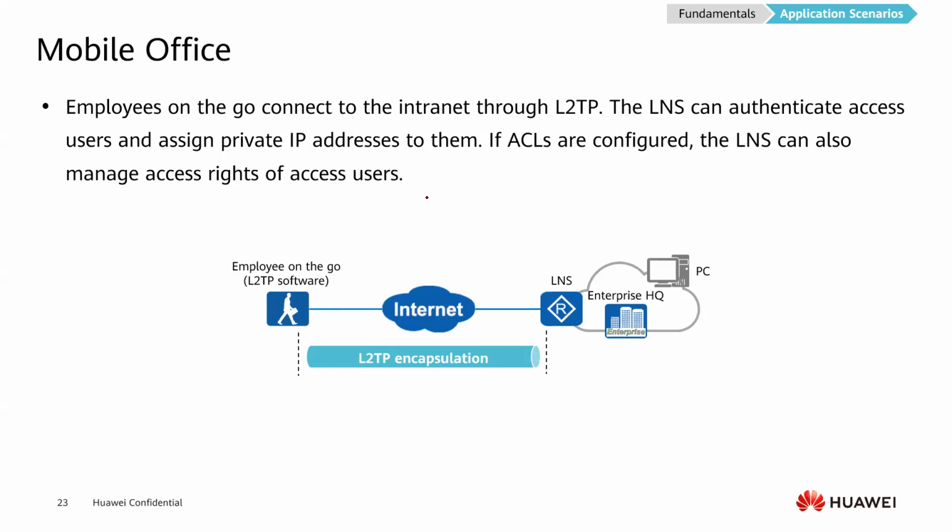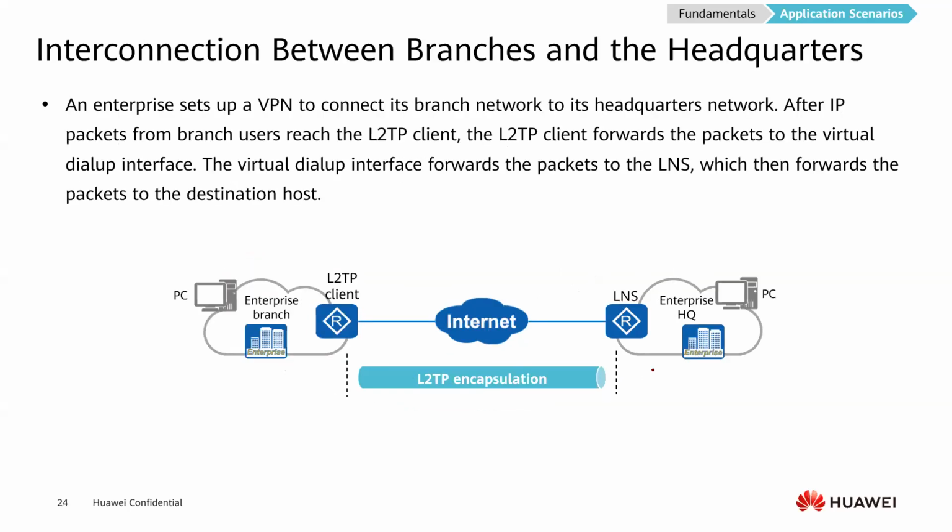L2TP can be used in many scenarios. First is the mobile office. For example, employees going on a business trip can use it to connect back to the enterprise. It can also be used to create a connection between a branch and the headquarters.